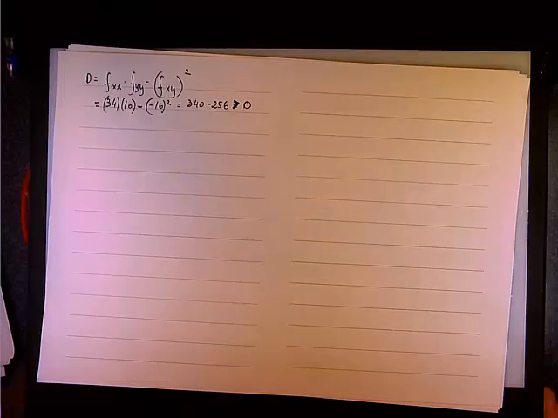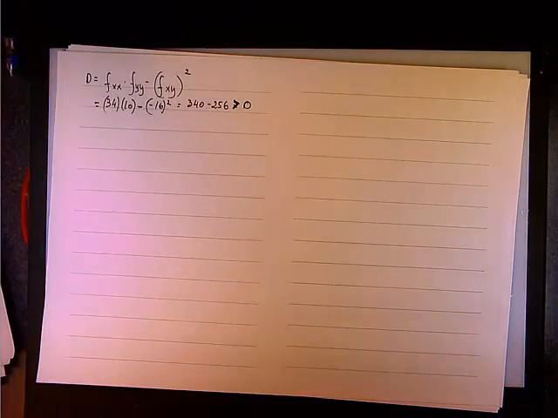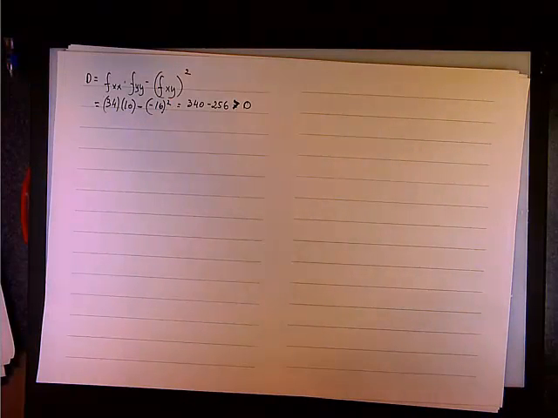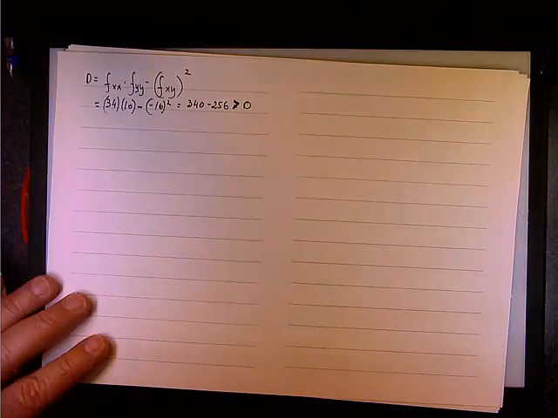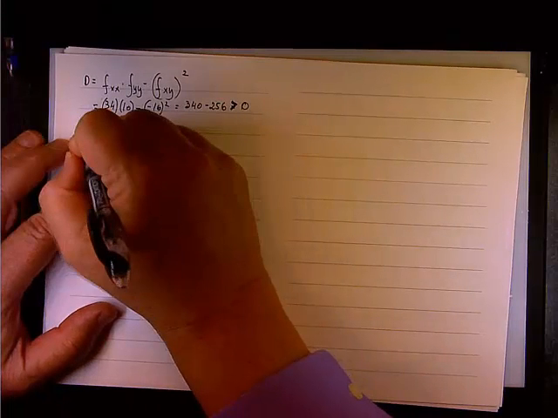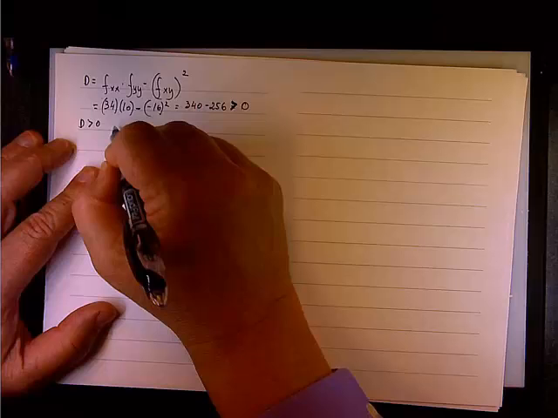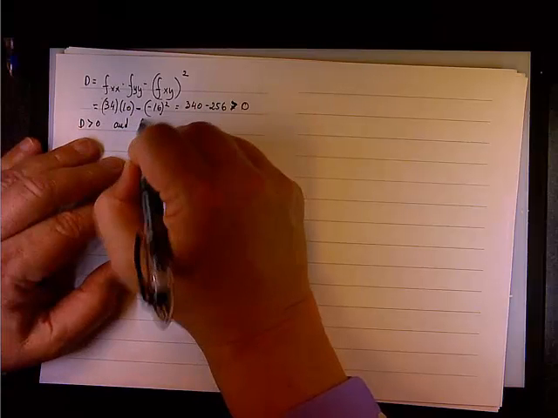I'm sorry? f yy is positive. So we have condition 1. Condition 1 was f xx greater than 0, f yy greater than 0.